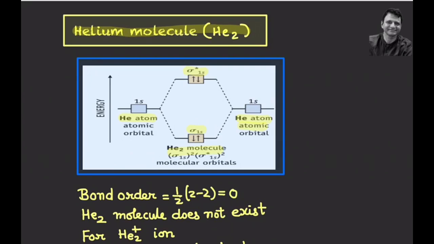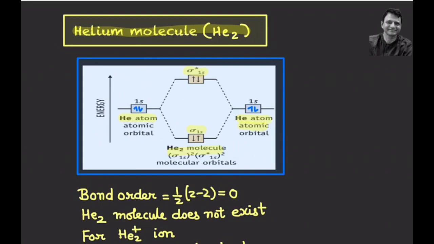Now if we see the electronic configuration of the 1s atomic orbital, in helium there are two electrons, and in another helium atom there are two electrons. So the 1s atomic orbitals are filled. Since the number of atomic orbitals is equal to the number of molecular orbitals formed, if all the atomic orbitals are filled, it means that the molecular orbitals are also filled.